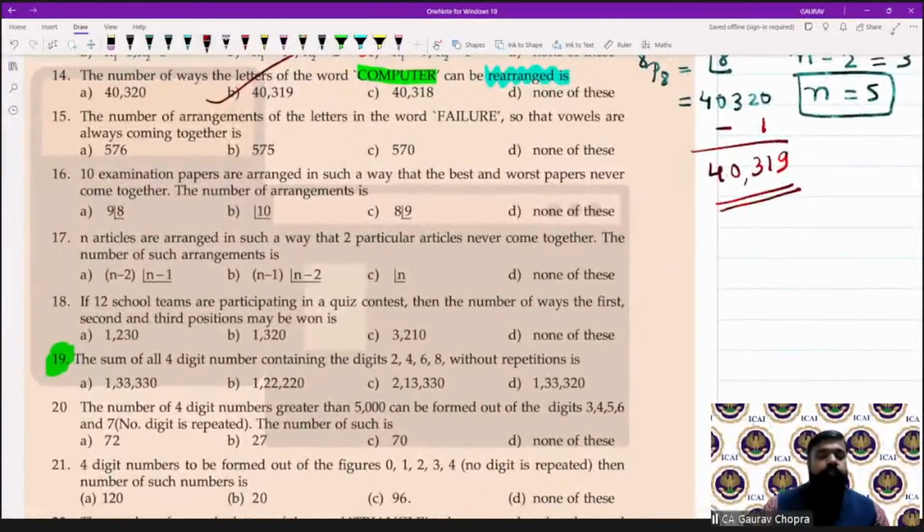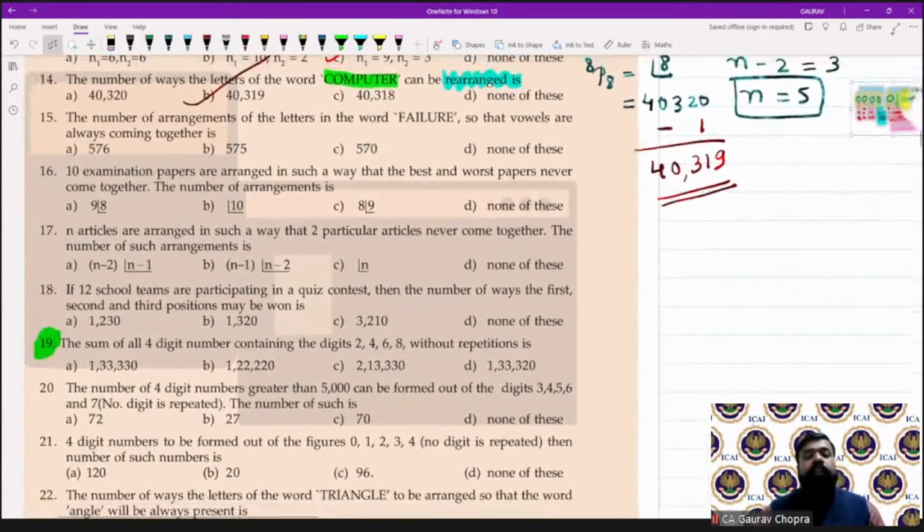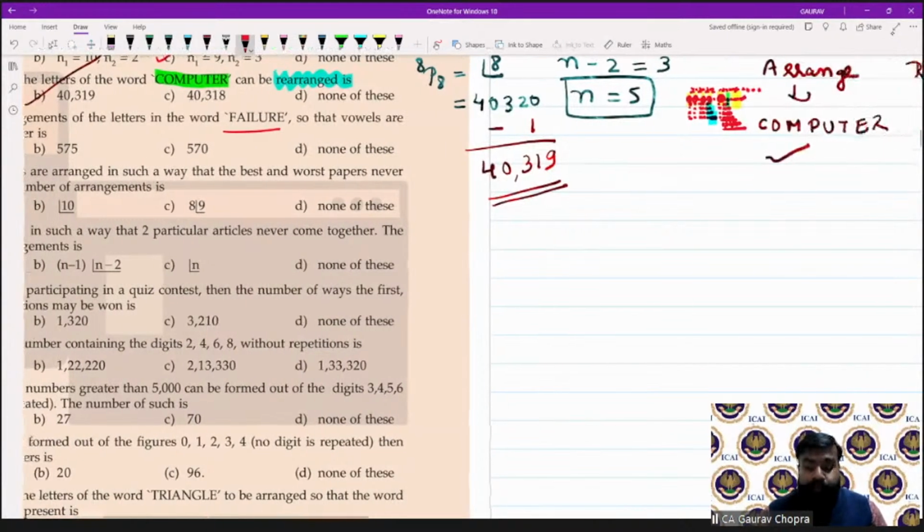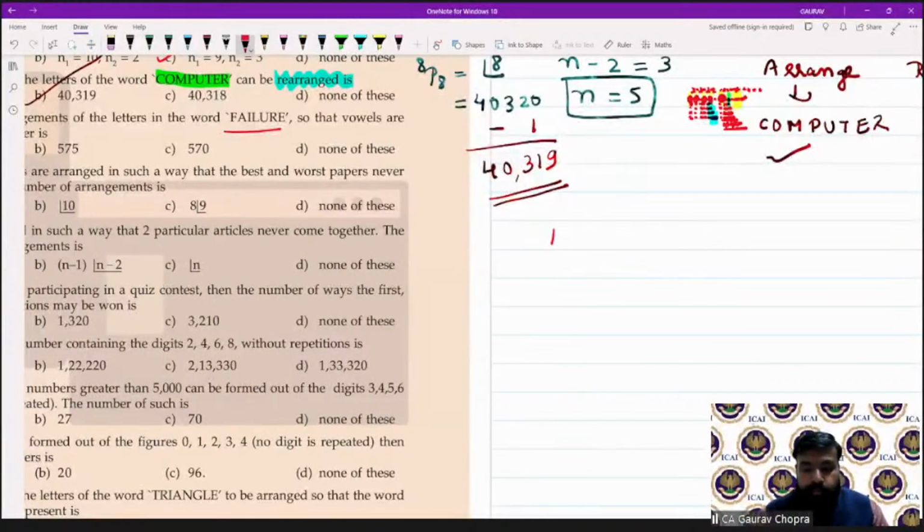Then 15th one, the number of arrangements of the letters in the word failure so that vowels are always coming together. Yes, now there is a twisted question, a very interesting question. The word failure is given, and we have to see that vowels are coming together. So how to solve such questions? F, A, I, L, U, R, E. Now, which are vowels?